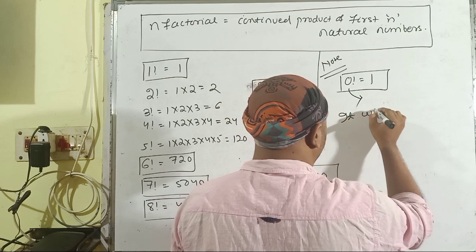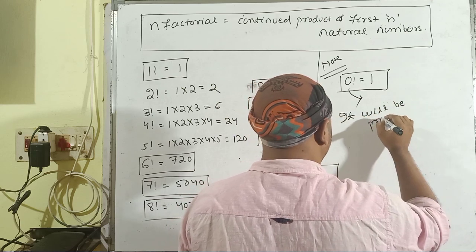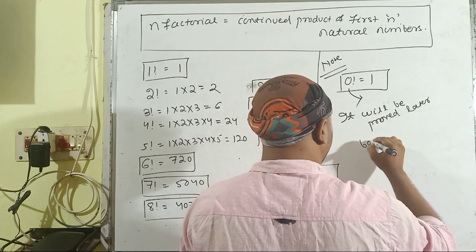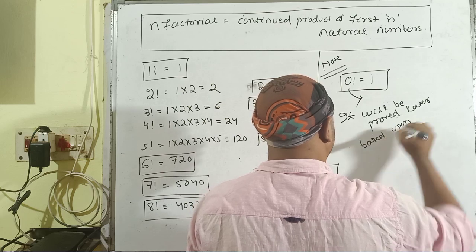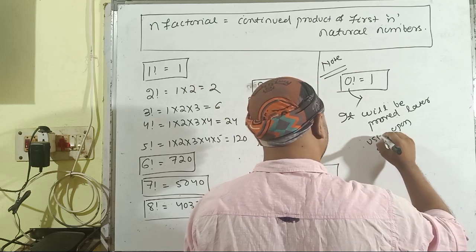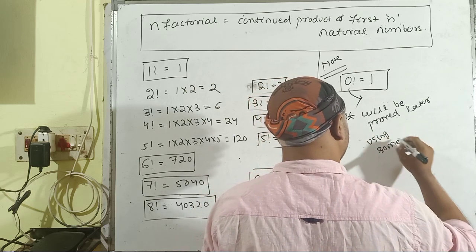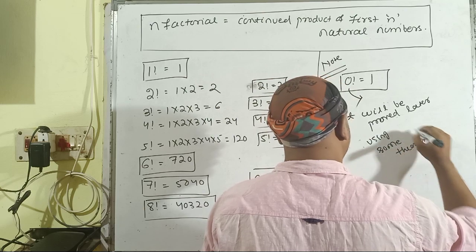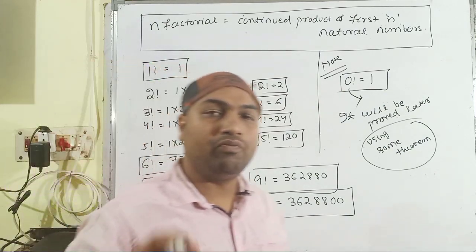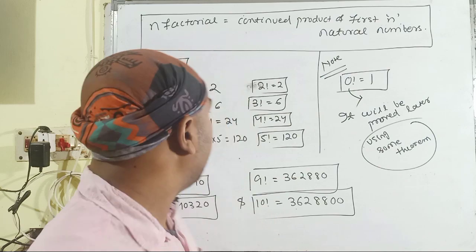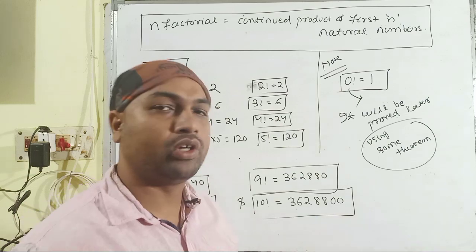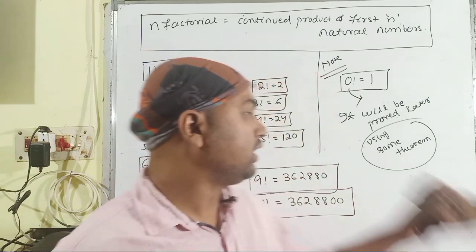It will be proved later, using some theorem. So this is all about the evaluation of factorials of some numbers, and we have evaluated some of the numbers starting from 1 up to 10. In a similar manner, you can derive the factorial of any number in this process.